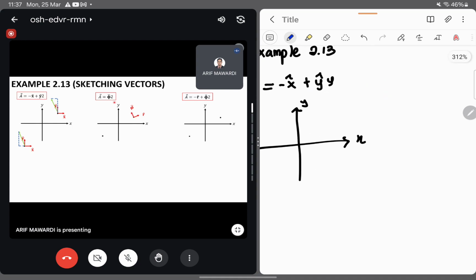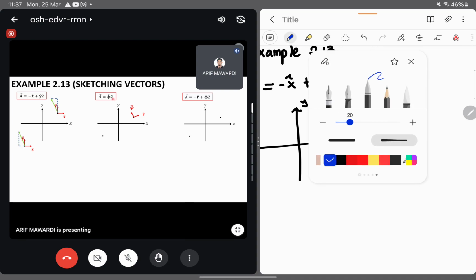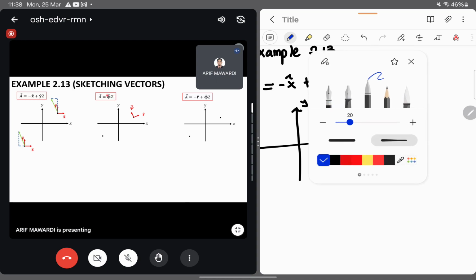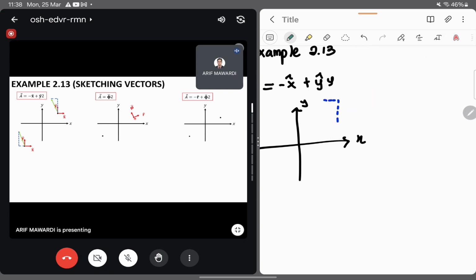This vector only has a component along phi, not along r, and the phi component is equal to 2. So it should be like this.